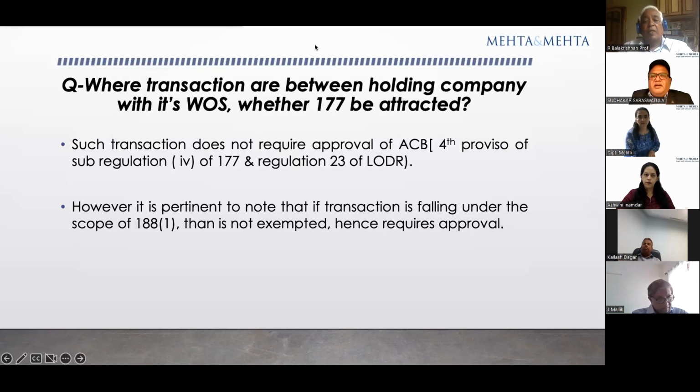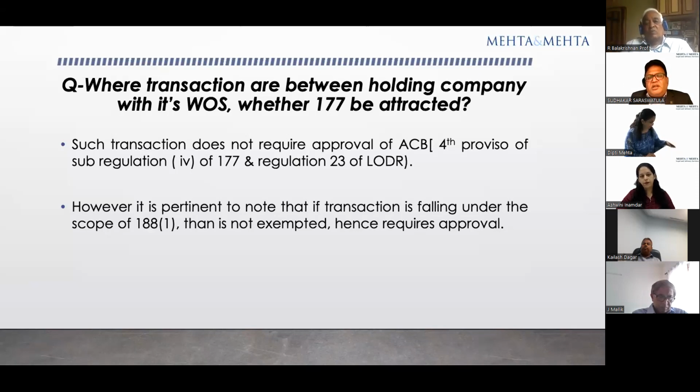Second thing is that whenever the holding company has given a guarantee on behalf of its subsidiary and charged some guarantee commission, it is a related party transaction under 177. Whether it triggers 188, the answer is no, because we have already discussed that in the previous webinars.